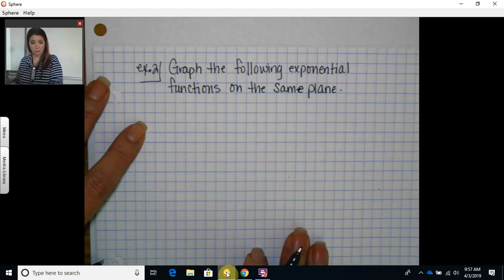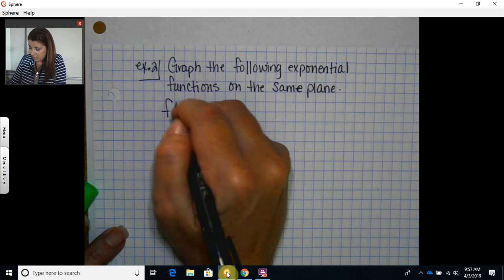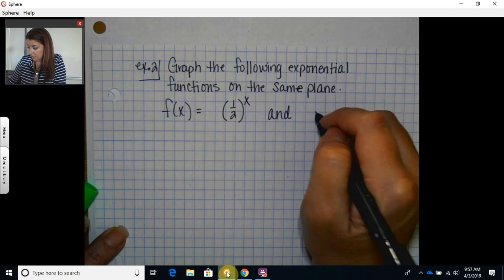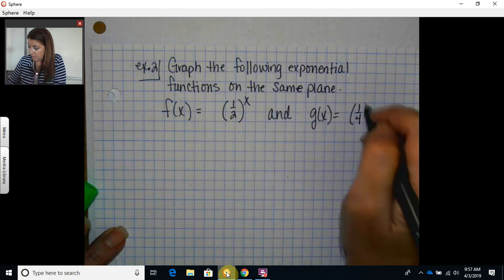We have f of x equals 1/2 quantity raised to the x, and we have g of x equals 1/4 quantity raised to the x.